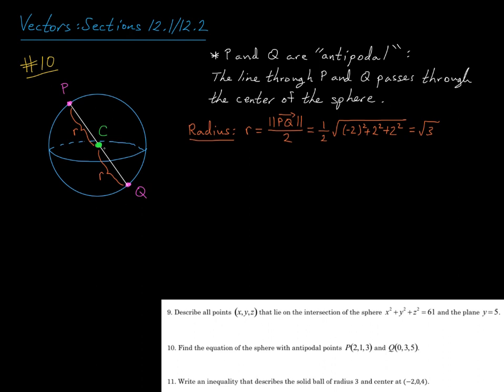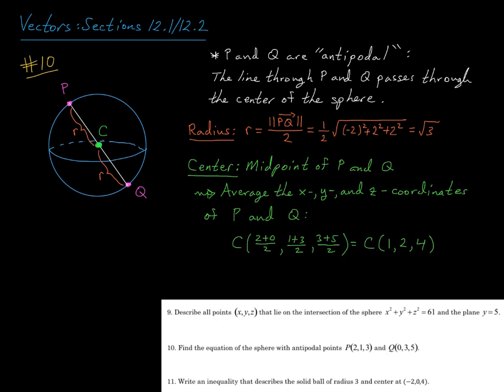And then how about the center? Well, the center is the midpoint of the points P and Q. So how can I find the coordinates of the midpoint of 2 points? Well, the idea there is just to average the x, y, and z coordinates of the 2 points. So for the coordinates of the center C, I'm just going to take the average of the x coordinates of P and Q, so 2 plus 0 over 2, which is 1.